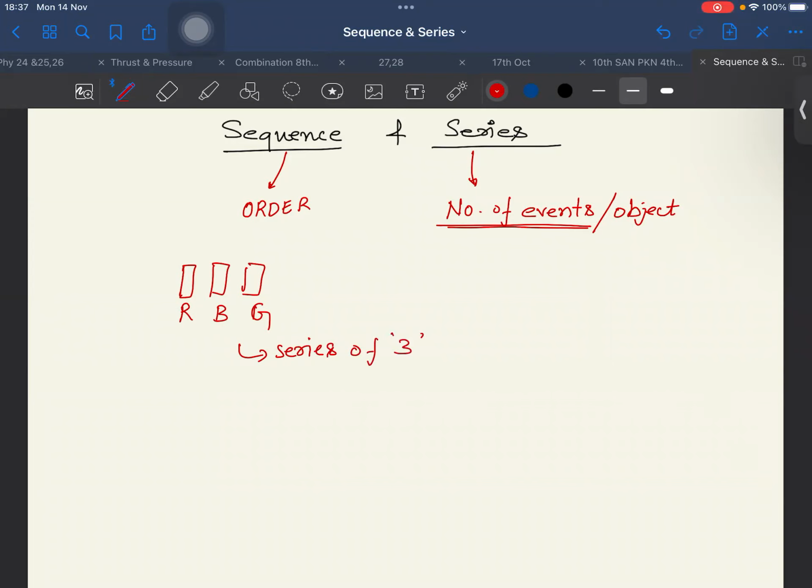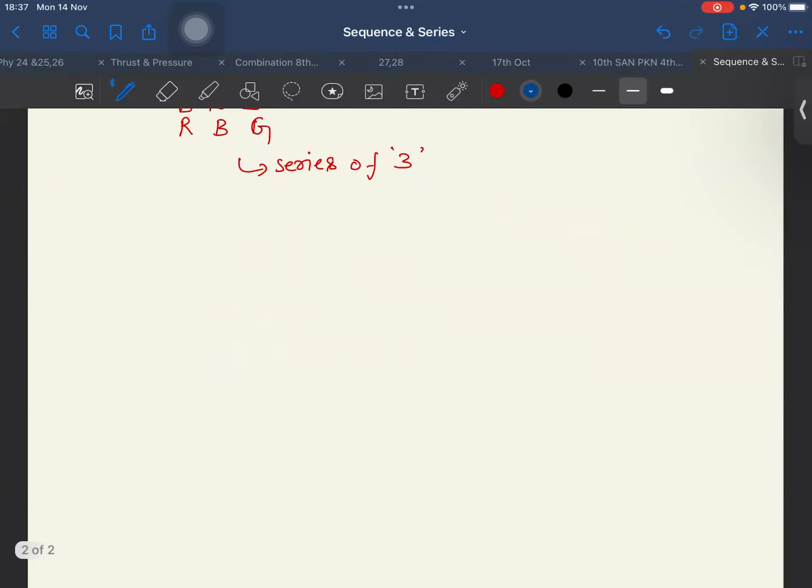Understood? A number of events or objects in a particular order is what we are going to study. That is what sequence and series is all about. In sequence and series, first we will learn arithmetic progression or arithmetic series, then arithmetic mean, geometric progression or geometric series, geometric mean.